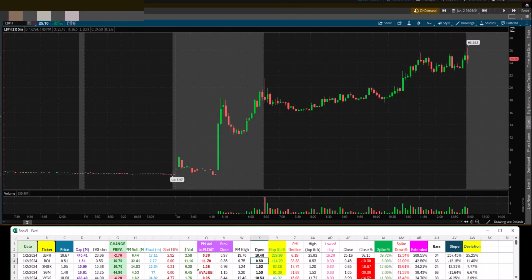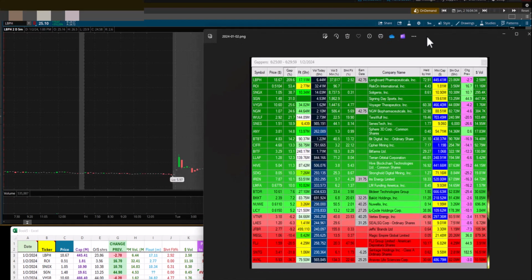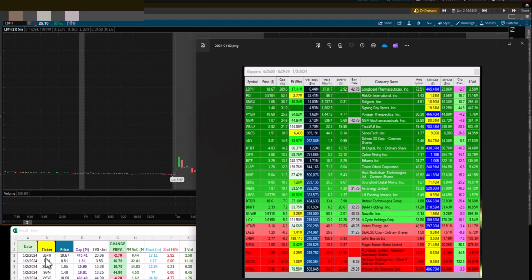So pretty much what I do is I just get the information, the first couple of columns, date, of course, ticker, from whatever scanner you use. There's a whole mess of scanners. The one I like to use is Trade Ideas, but there are several that you could use. There's some that are free and are actually pretty good also.